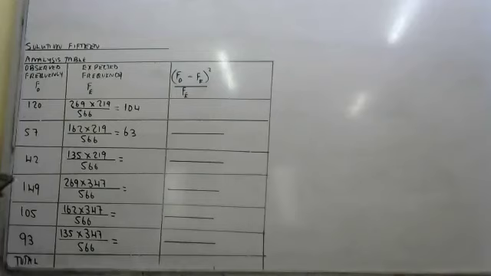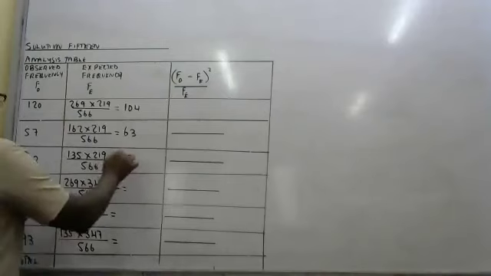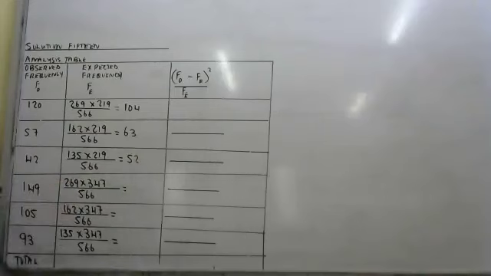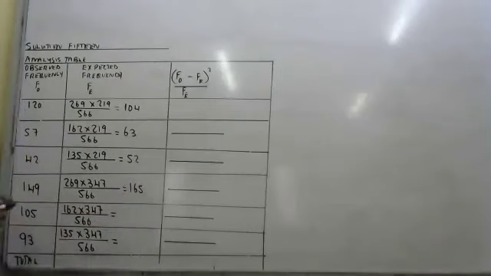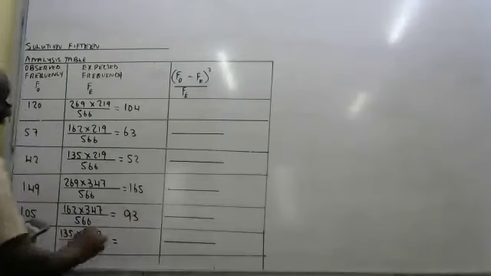And then 135 times 219 divided by 566, I can call it 52. 269 times 347 divided by 566 is 165. 162 times 347 divided by 566 is 93.